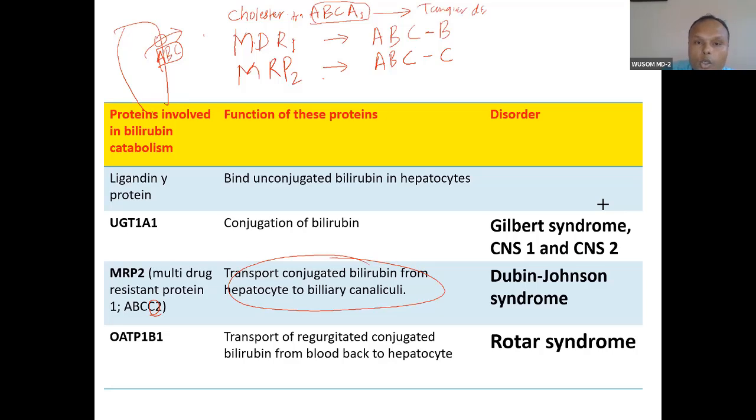We have done this in lipoprotein metabolism. This is also an ABC, ATP binding cassette protein, and it throws cholesterol outside the cell. So remember this ABCA1.